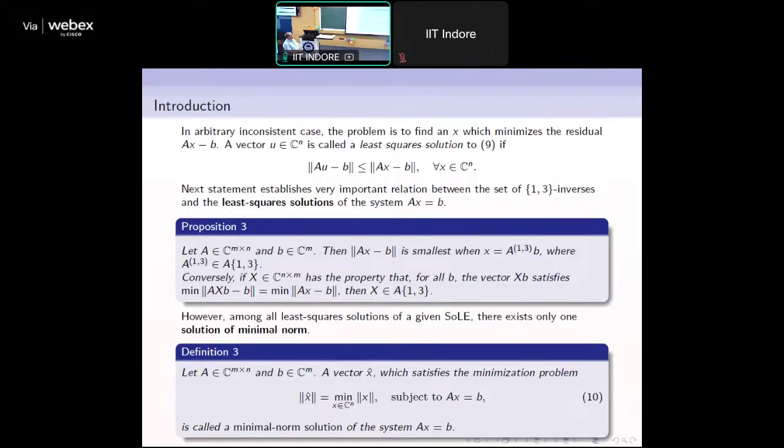There is a possibility to find a least squares solution.